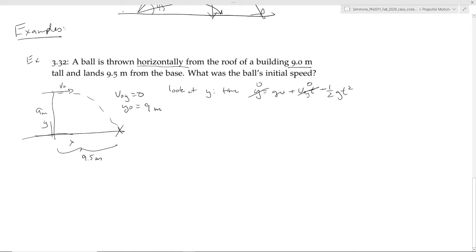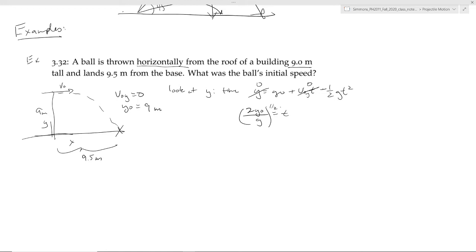So let's do that. We'll pick up, so you'd have 2 y naught over g equals t squared. So we'll take a square root of this, and we'd have the square root of 2y naught over g is going to give us the time.